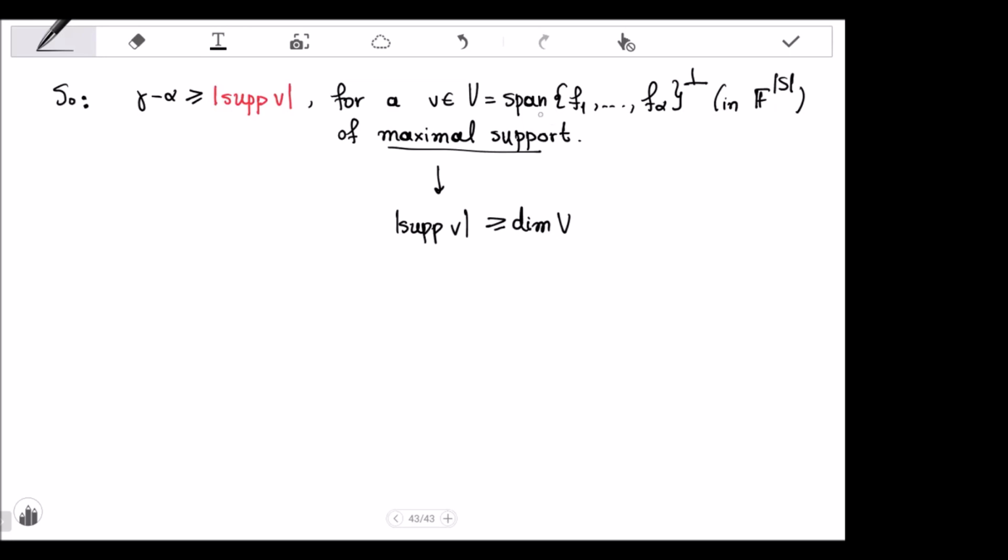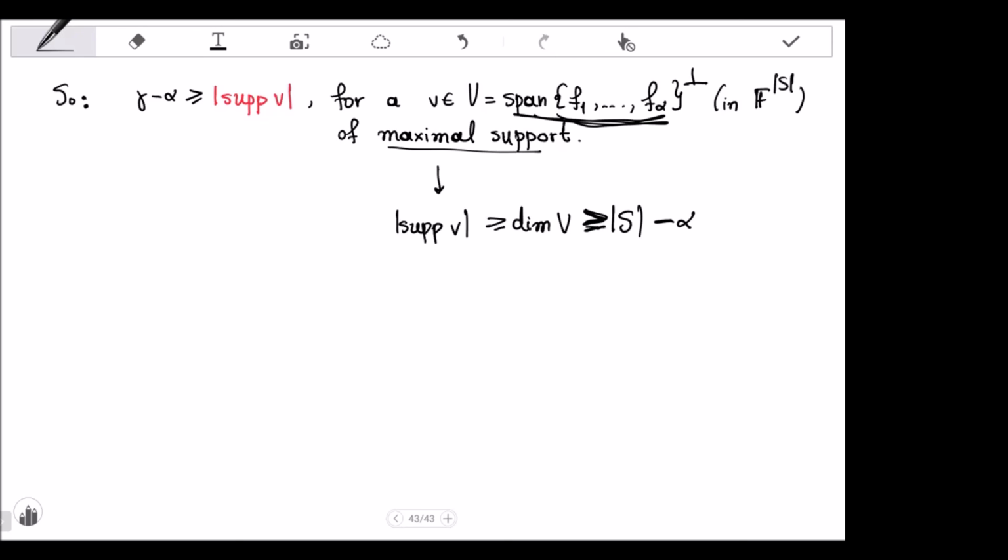And then we just need to understand this dimension. This is the dimension of the ambient space, so F to the S, minus the dimension of this span. So it would be equal to this minus alpha if the Fi's were independent, but we don't know they are, so it's at least this.